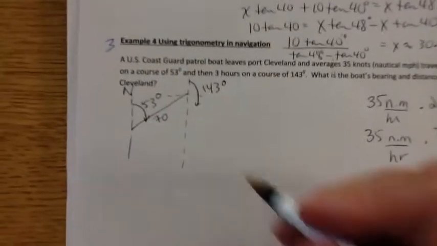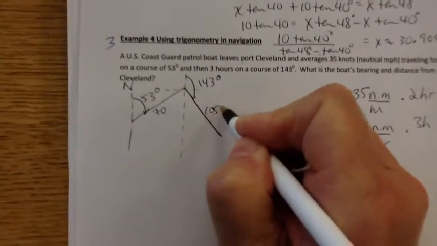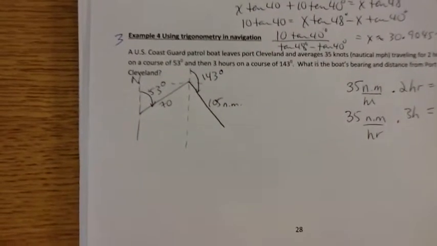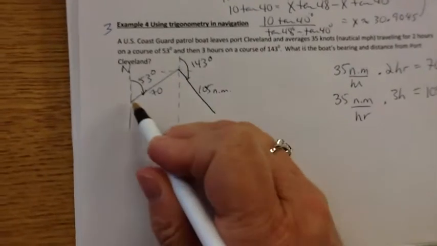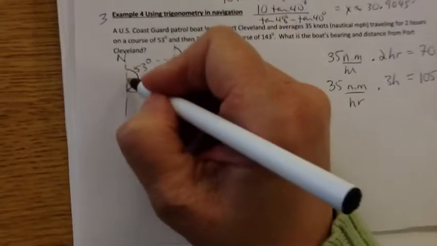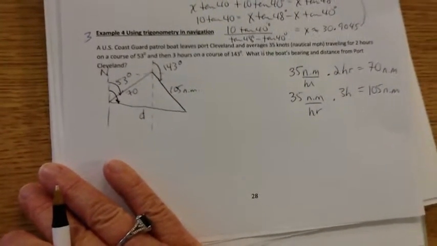So let's go back to where our Coast Guard is, and we have this one going 105 nautical miles. And they're saying, okay, we need to know this distance, and we need to know from north what's the bearing. All right, so now we have a couple issues here. We have 53 degrees.